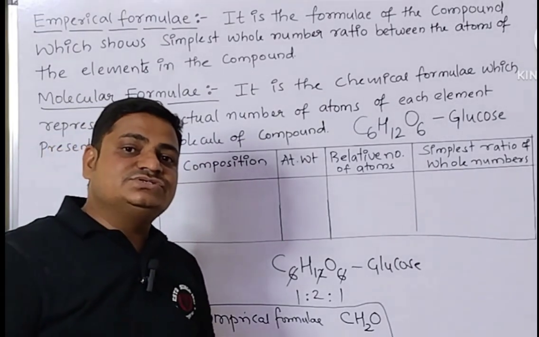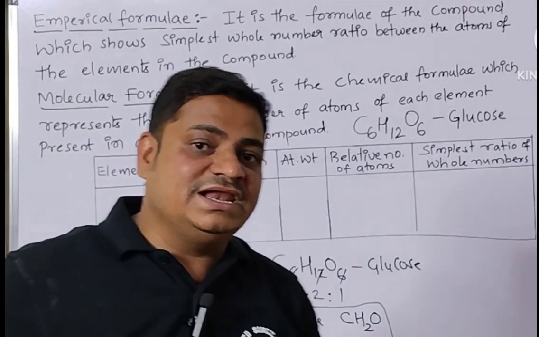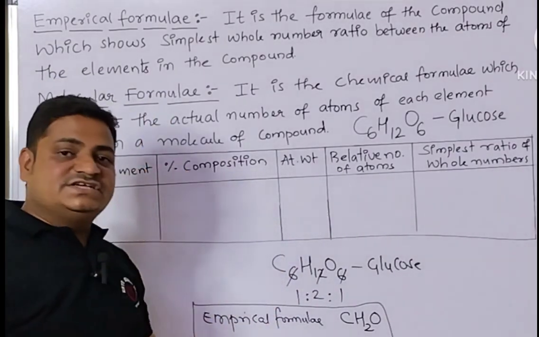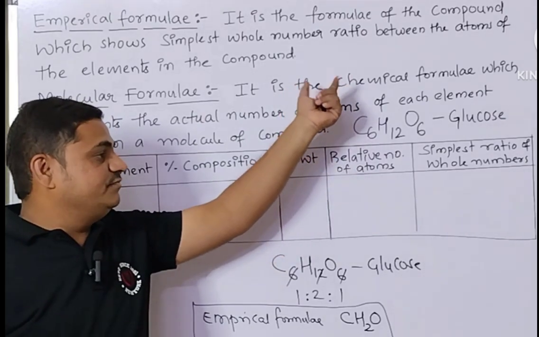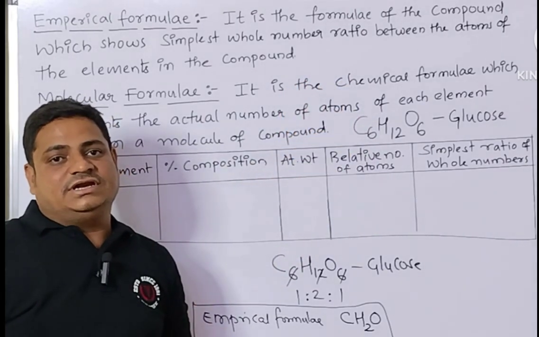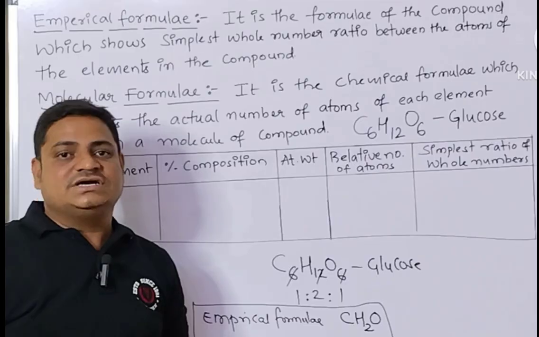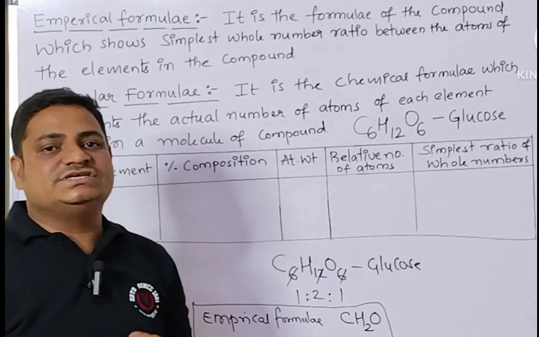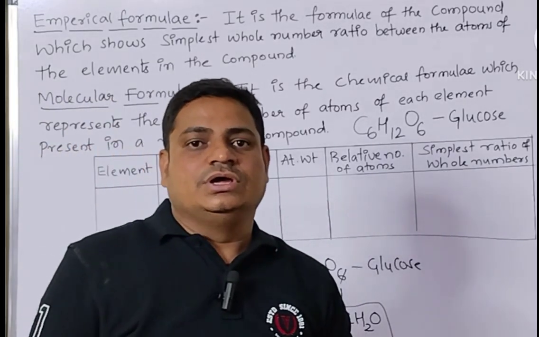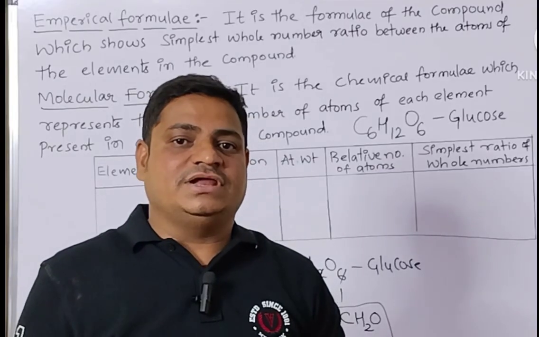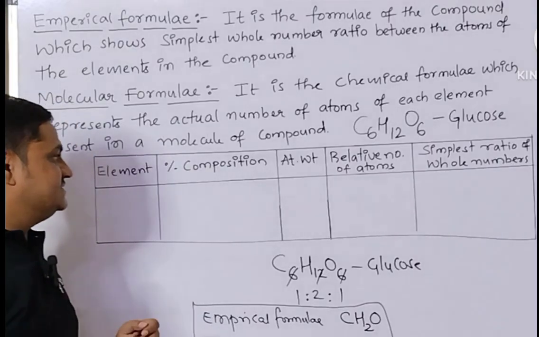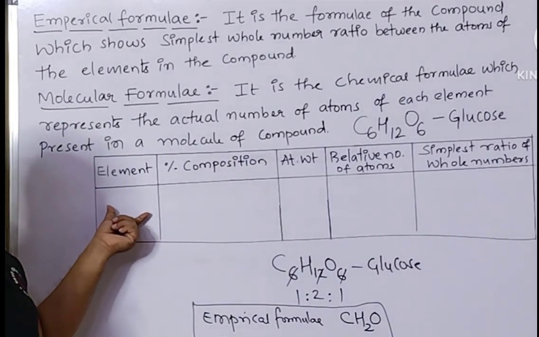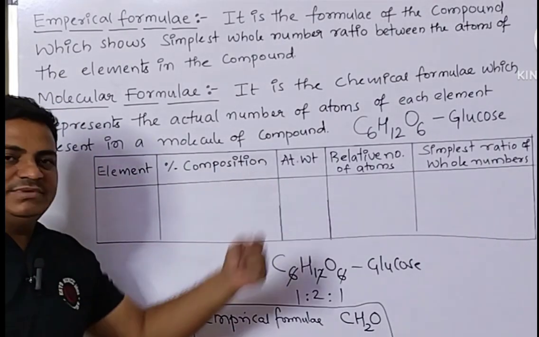Then how do we solve questions related to the molecular formula and empirical formula? Whenever a question asks you to find the empirical formula and molecular formula, you need to draw a tabular column like this.